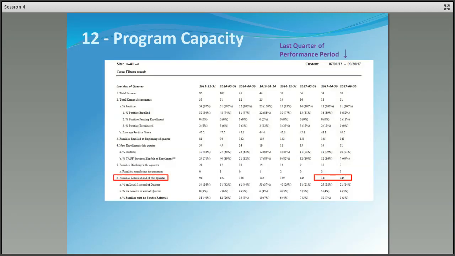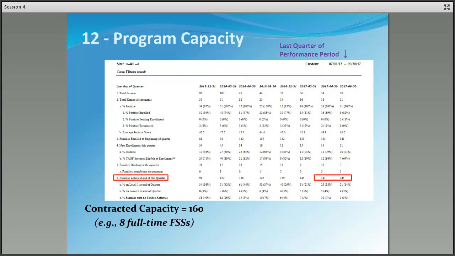To find capacity performance, we again use the 8-quarter report, and we look at families active at the end of the last 2 quarters, again, our performance period. Let's say a program is contracted for 8 full-time FSSs, or 7 full-time FSSs and 2 half-time FSSs. They would then have a contracted capacity of 160 families.